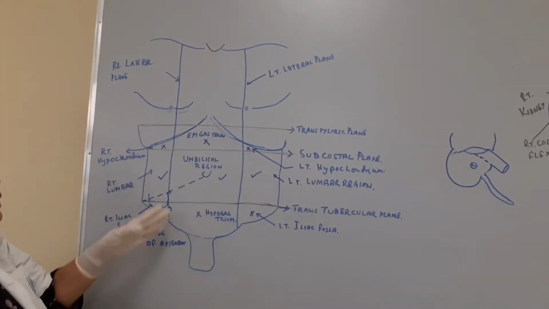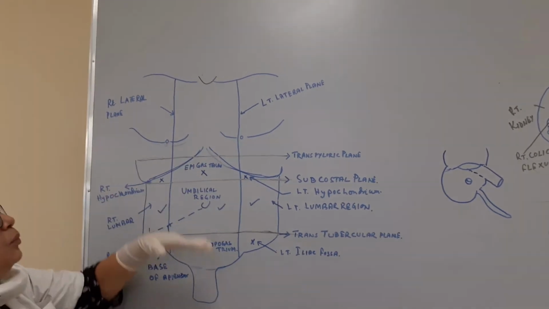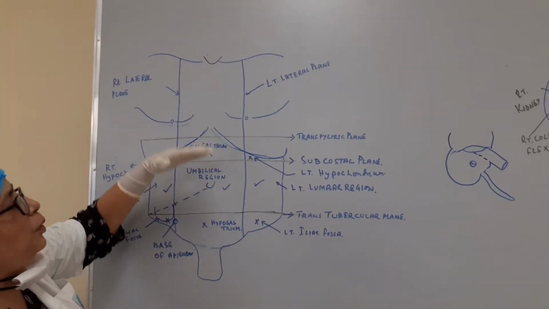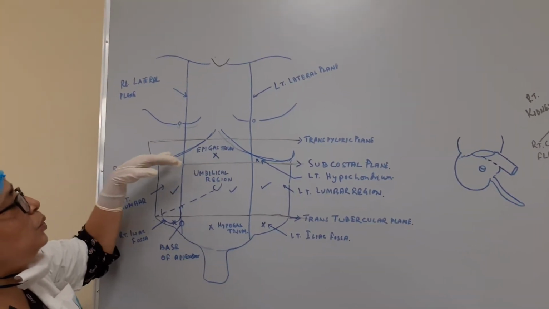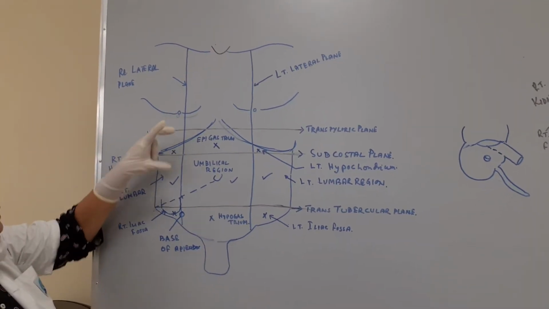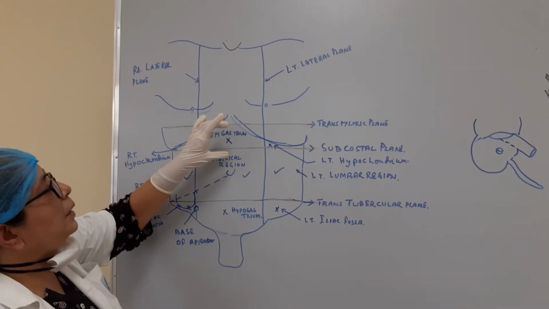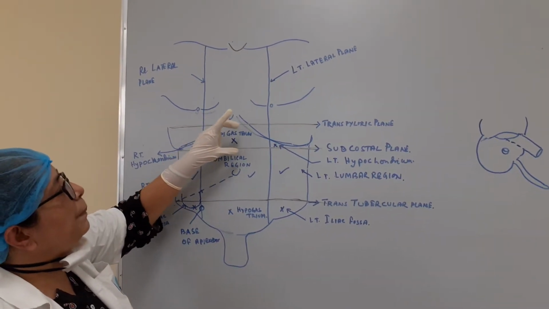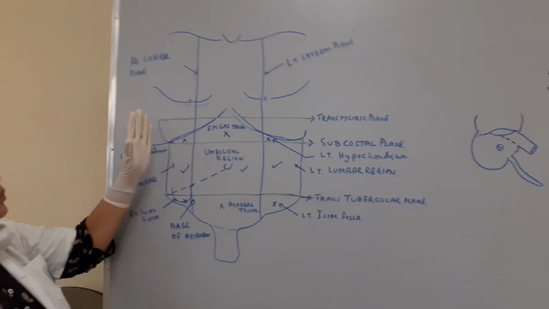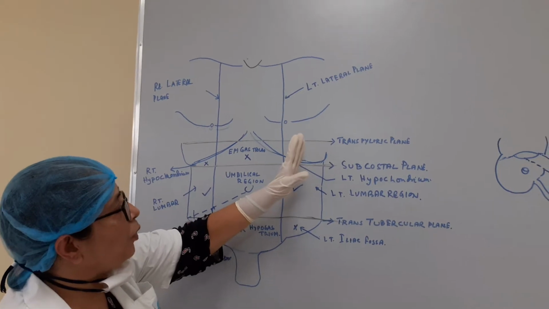With these four lines, the anterior abdominal wall, or the surface of the abdomen, has been divided into 9 regions: the upper, middle and lower quadrants. In the upper, the intermediate one is called the epigastrium, the right lateral one the right hypochondrium, and the left lateral one the left hypochondrium.